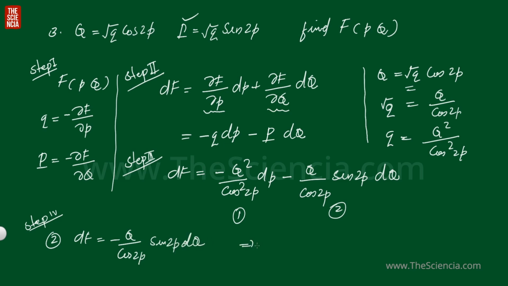So what we get? We get f is equal to minus Q square by 2 into tan 2p. You can find out the same answer by integrating the first one also, but it will be a little complicated, but you get the same answer. That is why I am telling you, choose the simplest one to integrate.